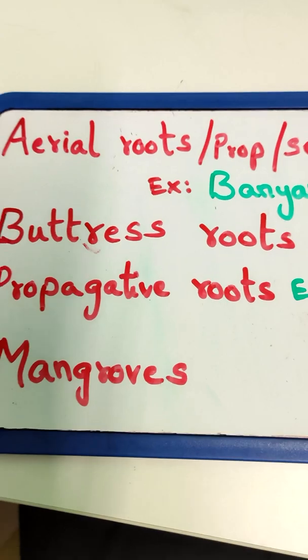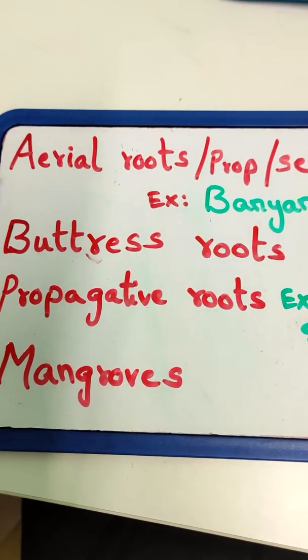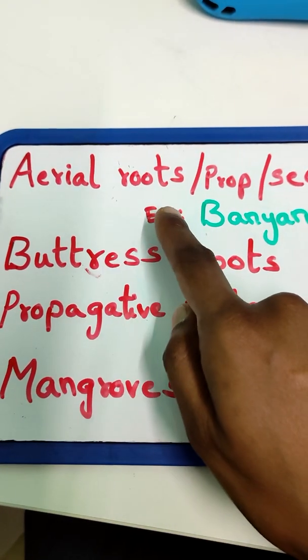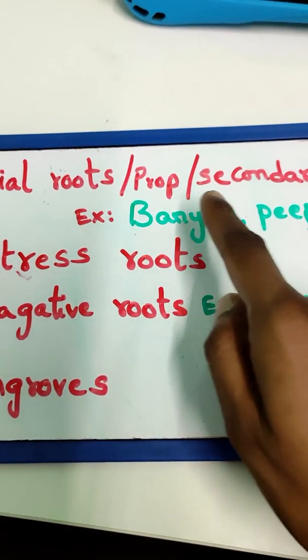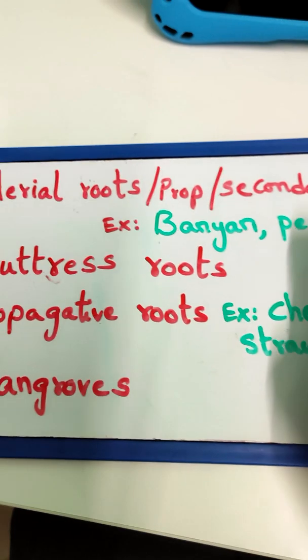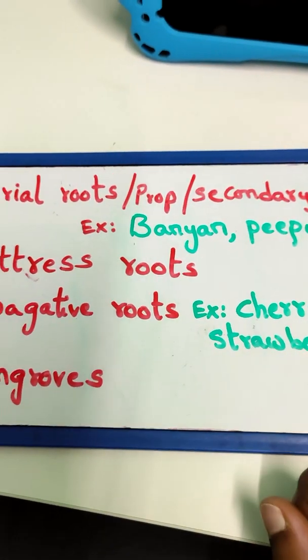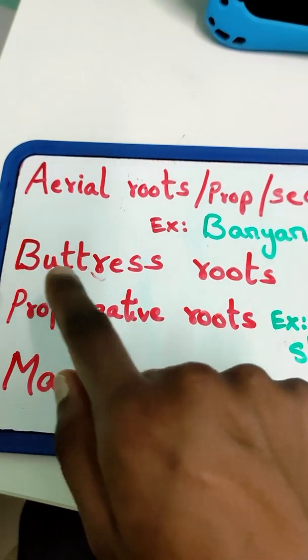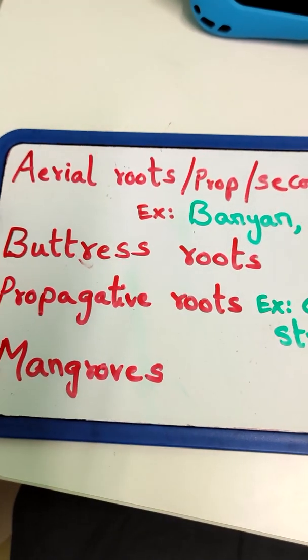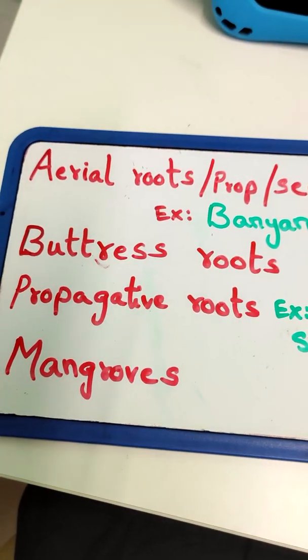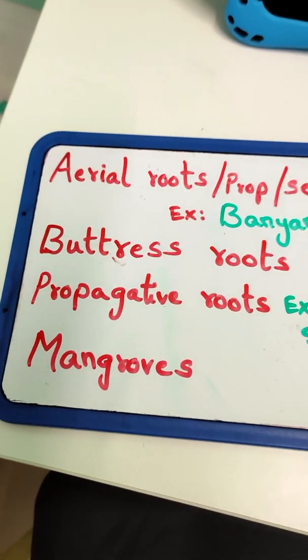Now let's look at the summary of all the types of roots we learned till now. First is the aerial roots. These are also called prop roots or secondary roots. And examples of aerial roots are banyan tree and peepal tree. The second one is buttress roots. These emerge from the bottom of the trunk and spread themselves around the tree into the shallow soil.